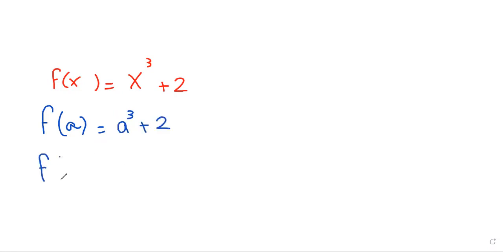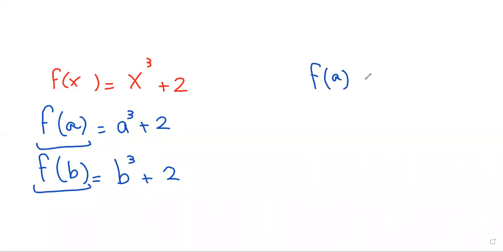And we'll find f of b. What is b? Any value in the domain. So it will be b cubed plus 2. And then we let f of a equal f of b. So a cubed plus 2 equals b cubed plus 2.